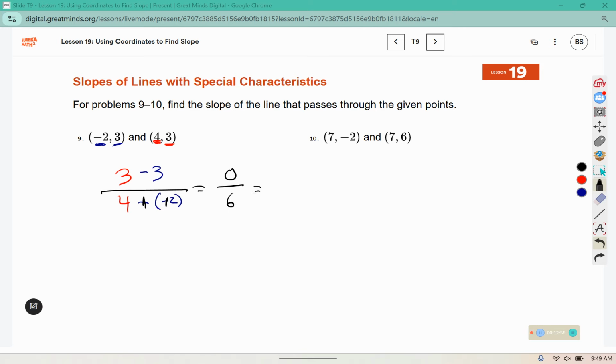And when we type that in, or we divide 0 into 6 groups, we get 0. So it has a slope of 0. That is a horizontal line.